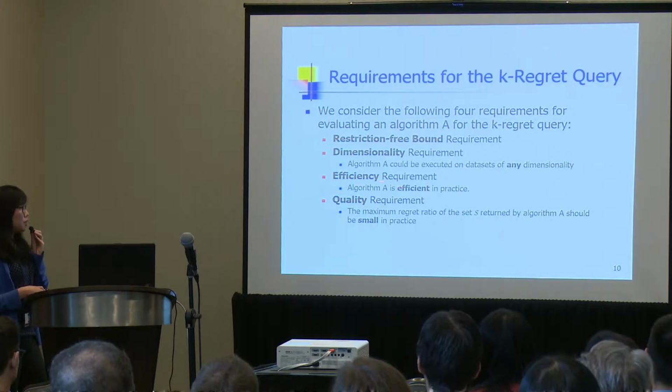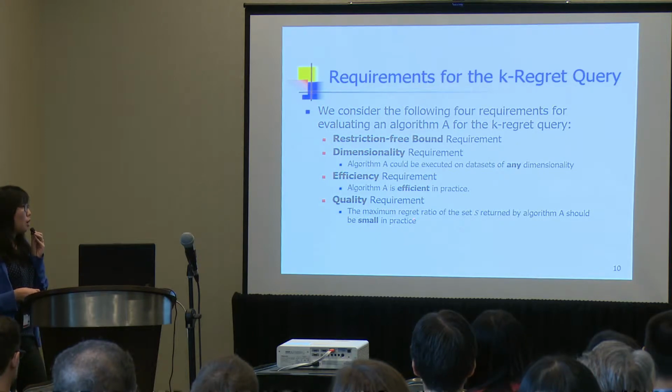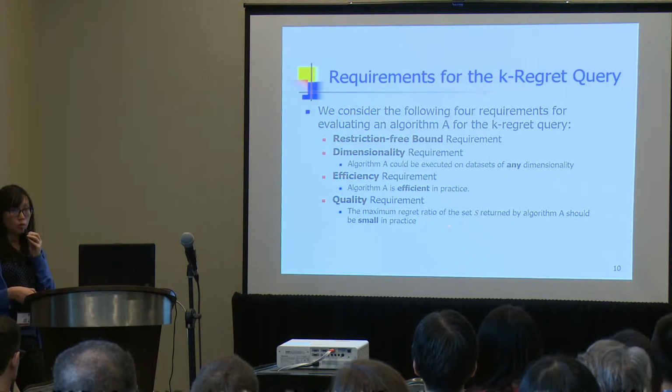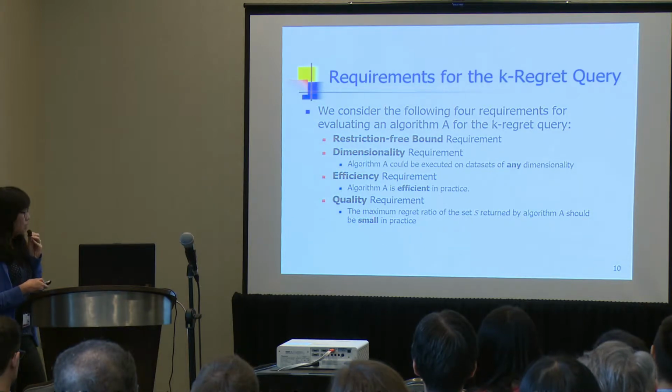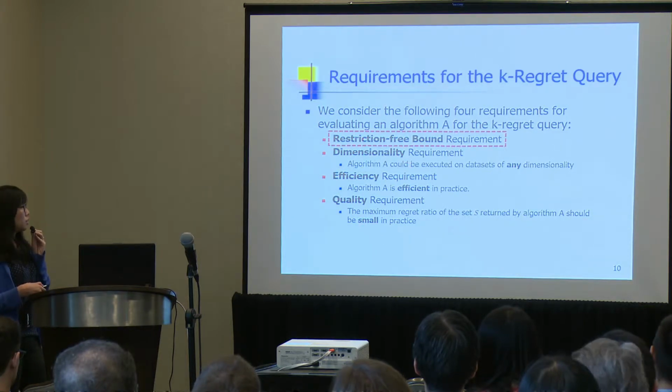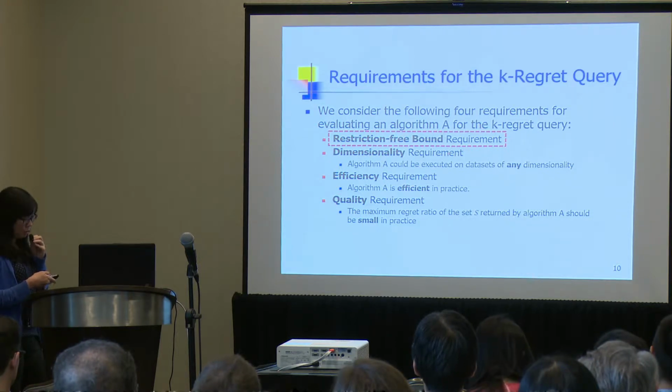The efficiency requirement: the algorithm should be very efficient in practice. The quality requirement, which means that the maximum regret ratio of the set returned by the algorithm should be very small in practice. Let's look closer at the restriction-free bound requirement, what it means by restriction-free.